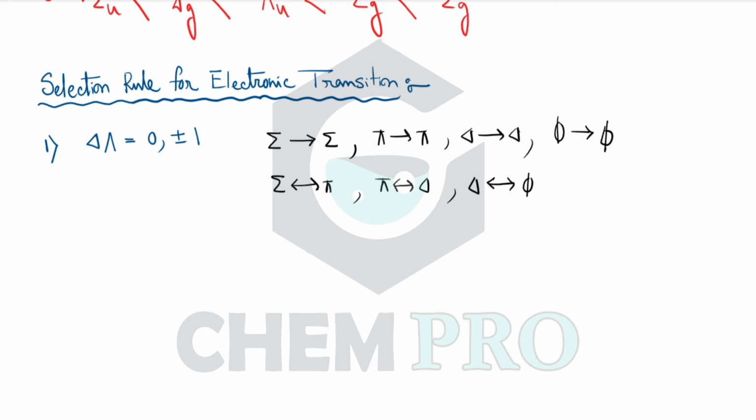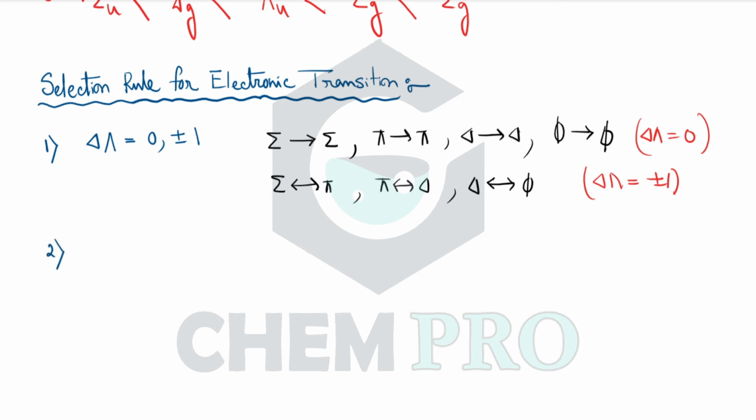Here del lambda is equal to 0, and here del lambda is equal to plus minus 1. So for these the transition will be allowed.